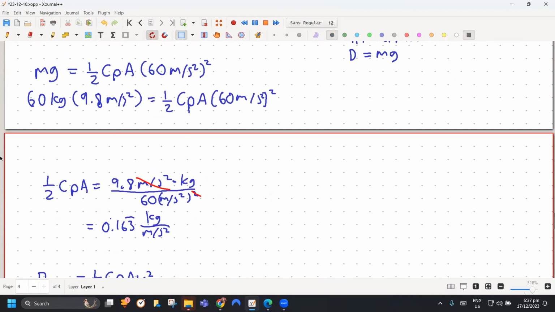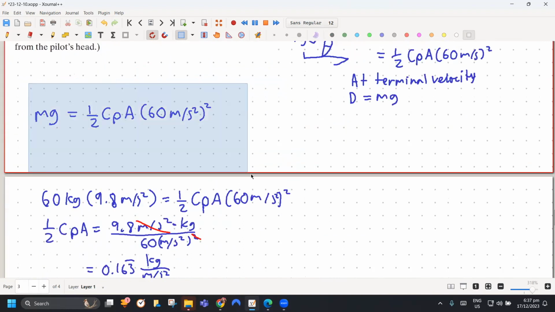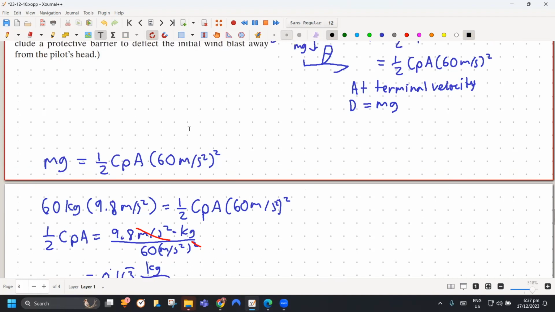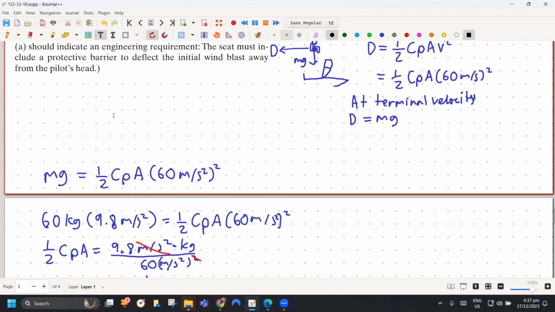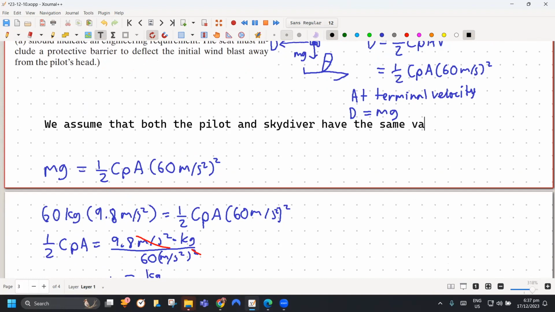You need text for that. We assume that both the pilot and the skydiver have the same values of 1/2 C rho A.